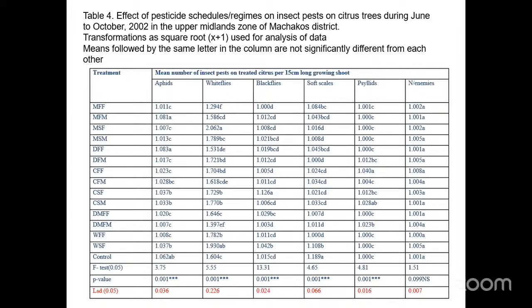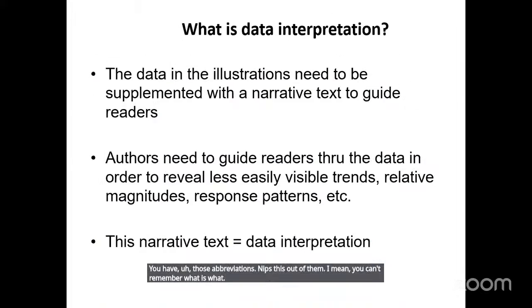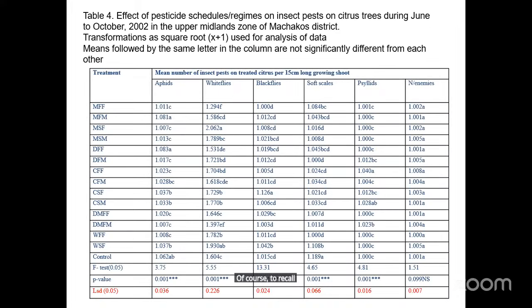And you can imagine under treatments, you have those abbreviations. You can't remember what is what. Of course, you will call for a footnote, which will be very long and confusing.